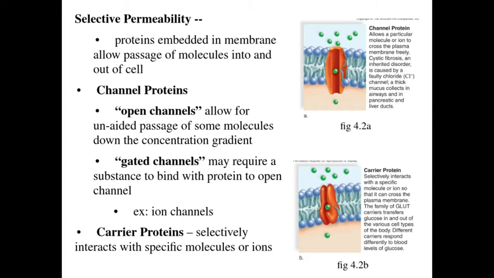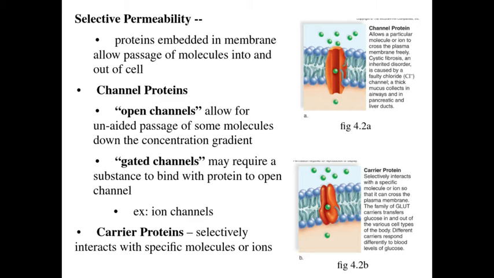Okay. And so you can see this as an example of a channel protein. It's wide open. We have a higher concentration of molecules on the outside, lower on the inside, so they're going to come right on through. Okay. And what this talks about up here, it says it allows a particular molecular ion to cross the plasma membrane freely. However, in cystic fibrosis, which is an inherited disorder caused by faulty chlorine channels, a thick mucus collects in the airways as well as in pancreatic and liver ducts.